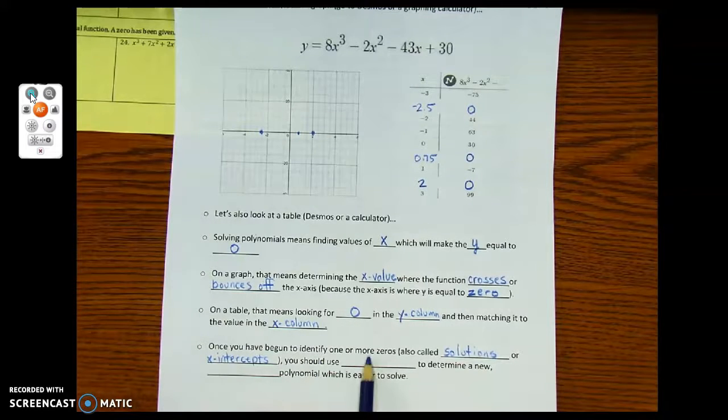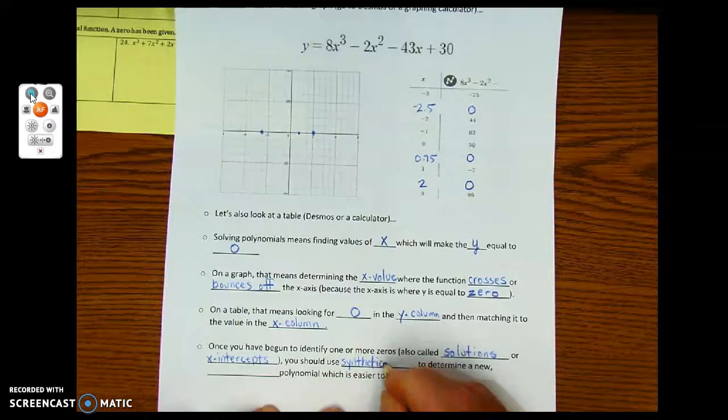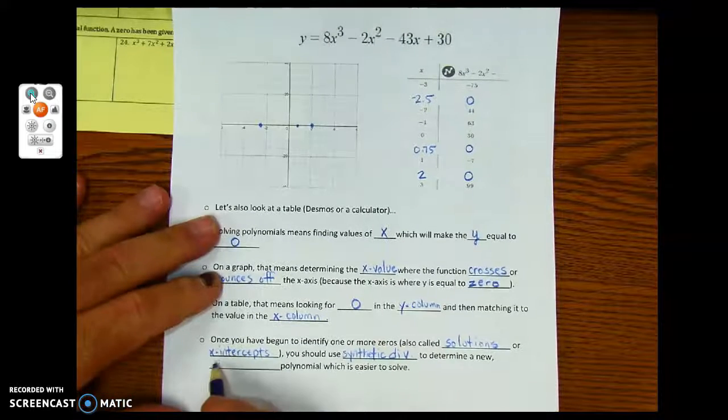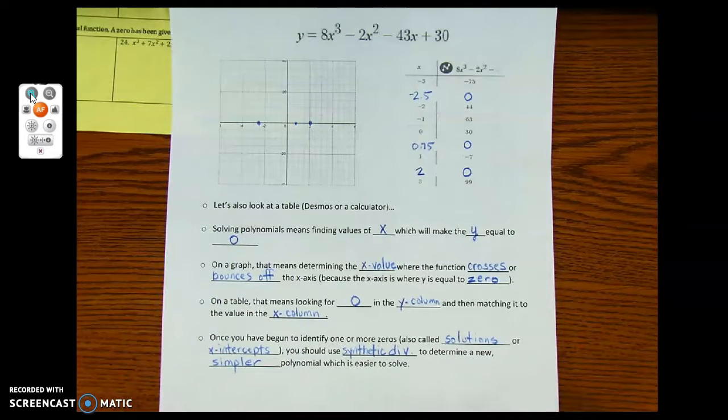Once you've begun to identify these zeros, you should use synthetic division to determine a new, simpler polynomial which is easier to solve.